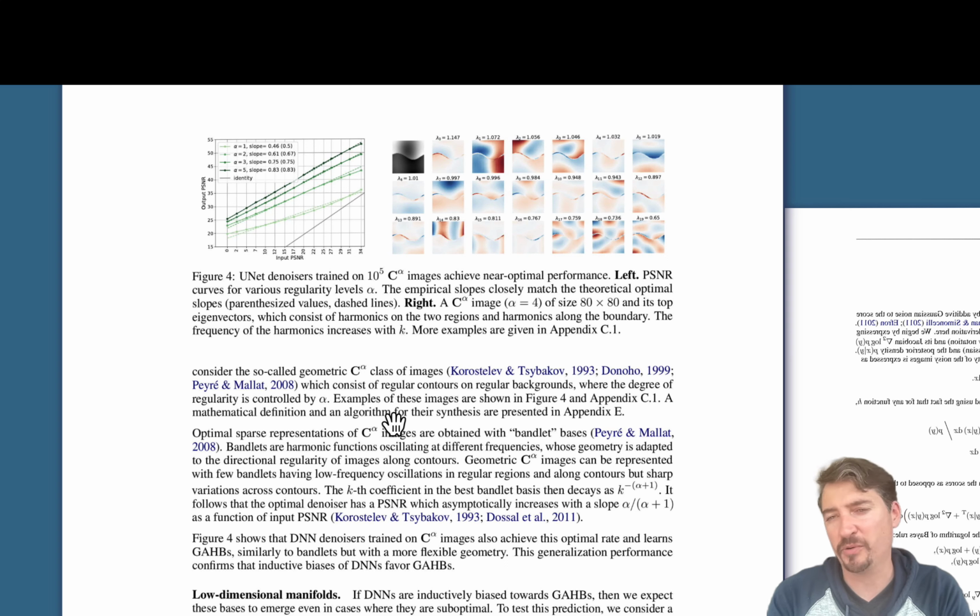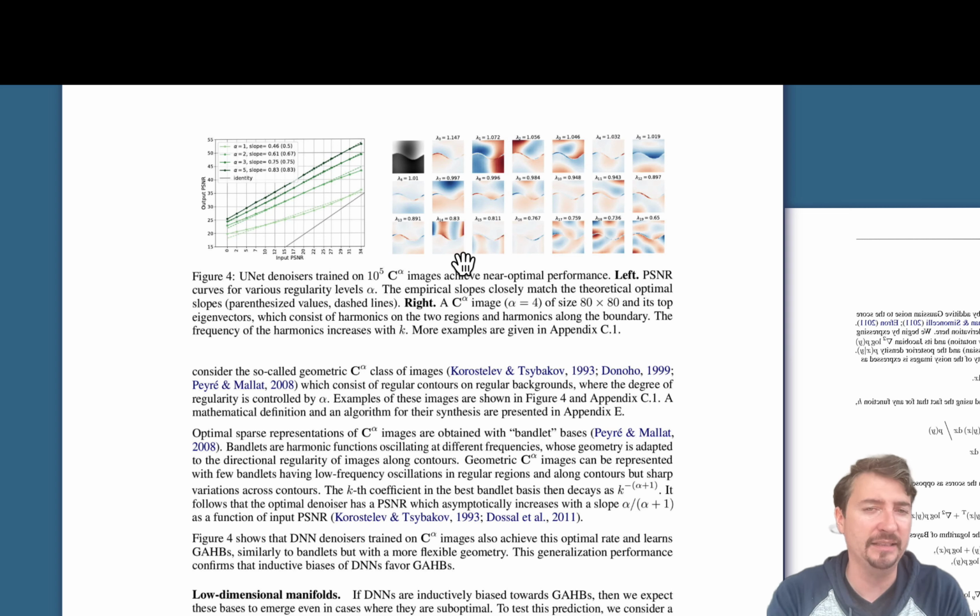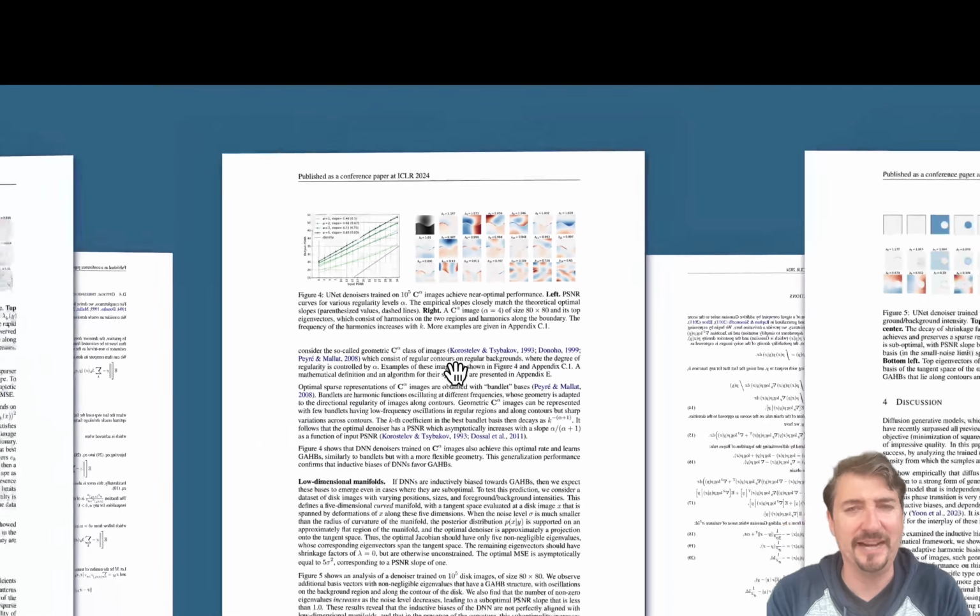That denoiser, as per the invariances being picked up via those eigenvectors, is picking up on what appears to be these kind of simpler geometric patterns. And that's obviously in line with deep learning neural networks in general, which we believe to be learning increasing levels of abstraction among the hidden layers. Those levels of abstraction are supposed to start with maybe edges and corners and then build up into more complex features, right? So it's totally in line with that.